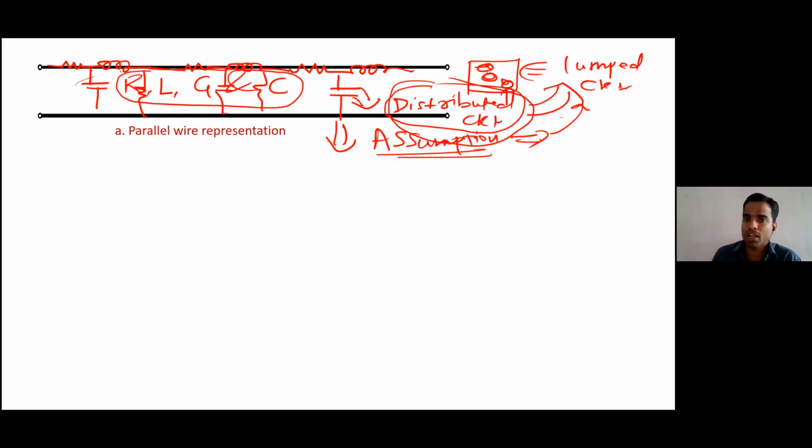How can we do that? We saw just now that if the length becomes comparable to the wavelength, transit time comes into picture, and because of the transit time there is a potential drop, and the whole distributed circuit comes into picture, and we cannot apply lumped circuit analysis.